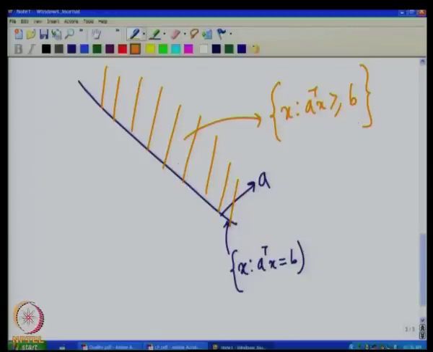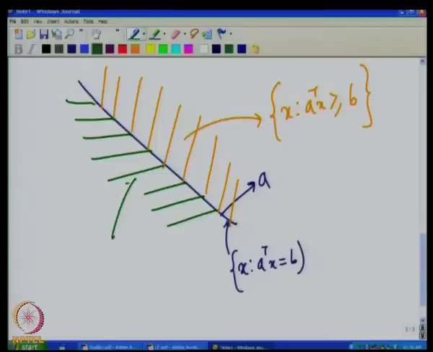This half space is the set where A transpose x is greater than or equal to b. That includes this set as well as the hyperplane, and similarly the other part will be the set of points x such that A transpose x less than or equal to b. So, this denotes another half space.